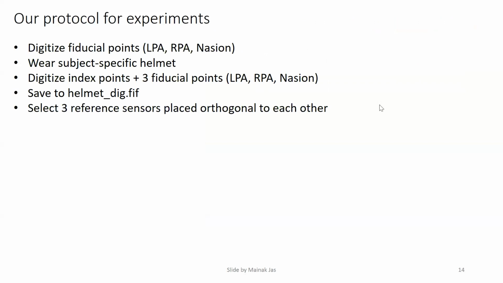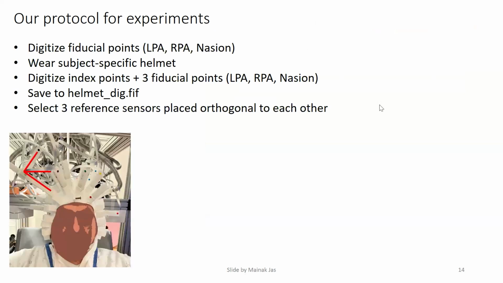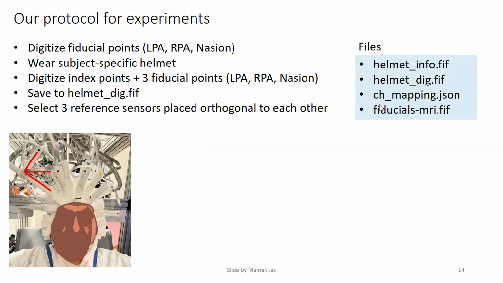And then for our experiments, what we did was we digitized the 3 anatomically predetermined points. We had the additional index points. We saved this, and then we had these 3 orthogonal reference sensors. And we saved this information to different files.